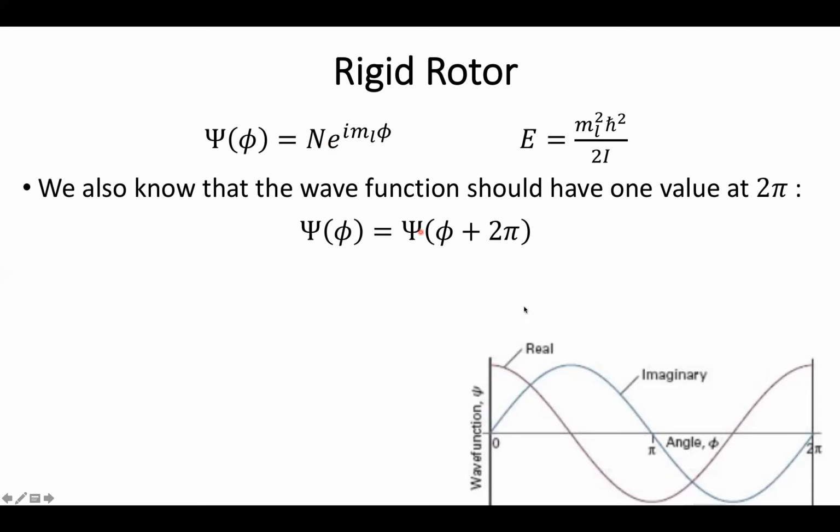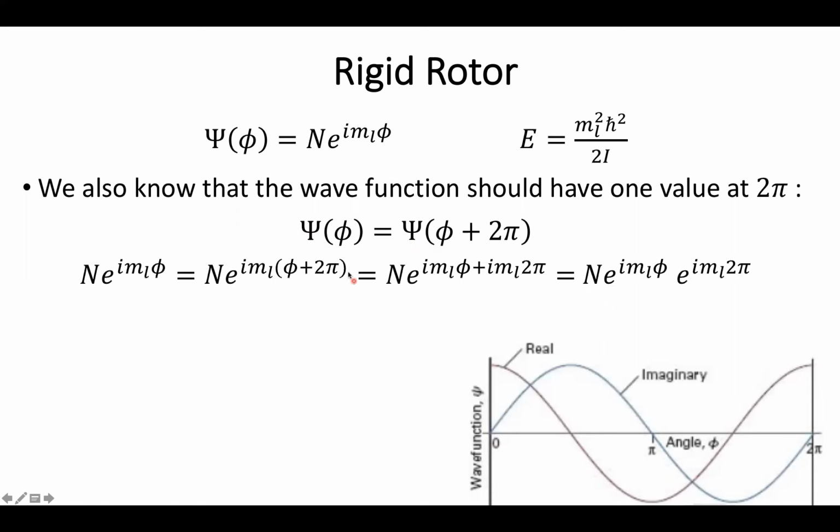So real cosine, imaginary sine. And this is going to give us a rotating behavior. The diagram provided here is, I believe, for a value of m sub l equals 1. However, what we want to figure out is what values of m sub l are allowable. And we can do this by applying this boundary condition.